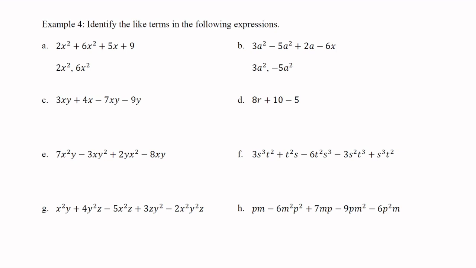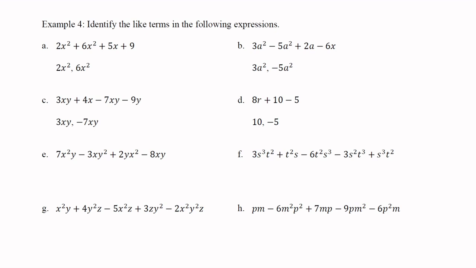In C, we have xy, we have an x, we have another xy, and we have a y. So our xy terms are what are the same. So our like terms are 3xy and negative 7xy. In D, we have an r term, and then we have a constant and a constant. Our constant terms are like terms. They're both numbers. So our two like terms are 10 and negative 5.